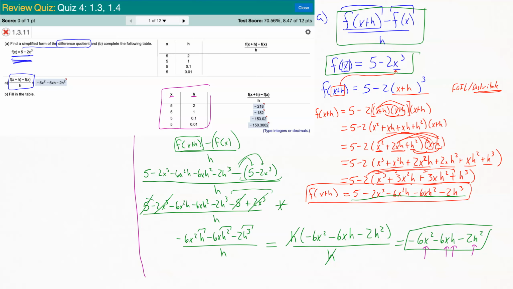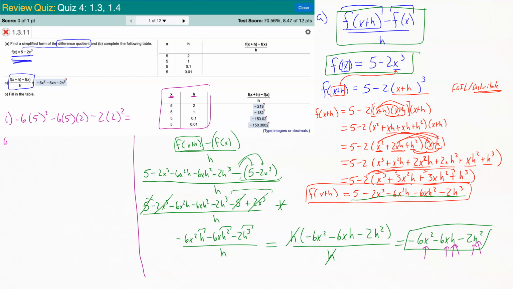So the first time through, we'll do negative 6, and then we're plugging in x, so that's 5 squared minus 6 times 5, and then instead of h in the equation right there, we're going to plug in 2 on this first one, and then minus 2, and then plugging in for that h right there, the 2 that they just gave us, 2 squared, and we'll get out an answer for that.